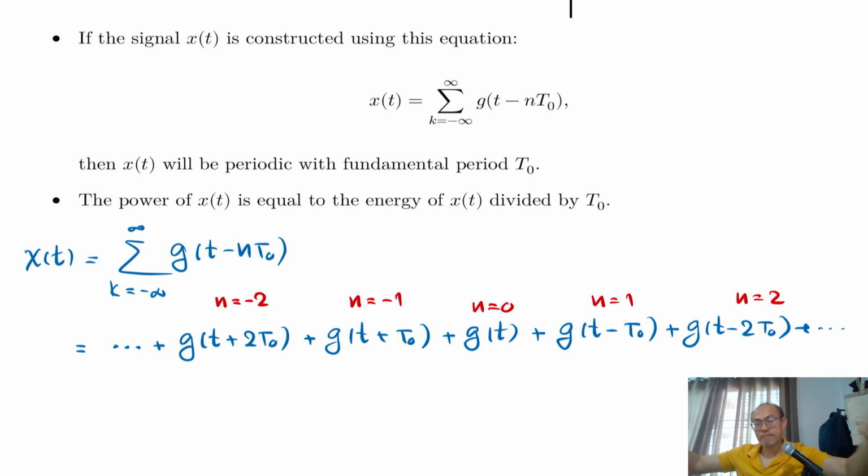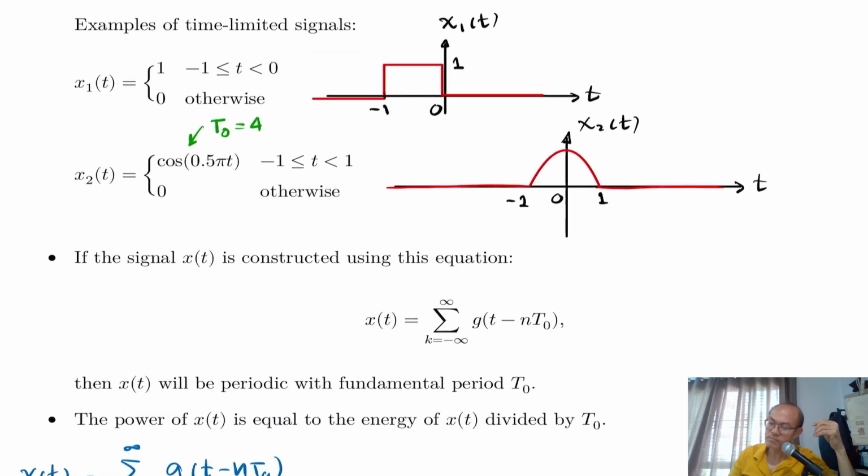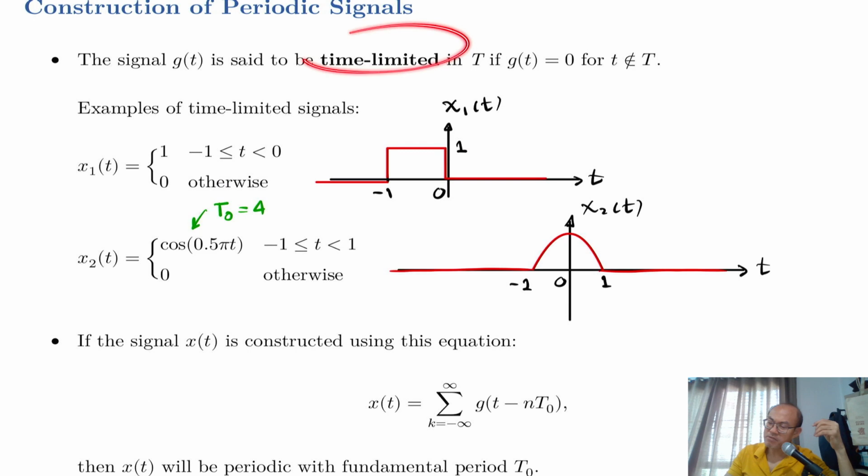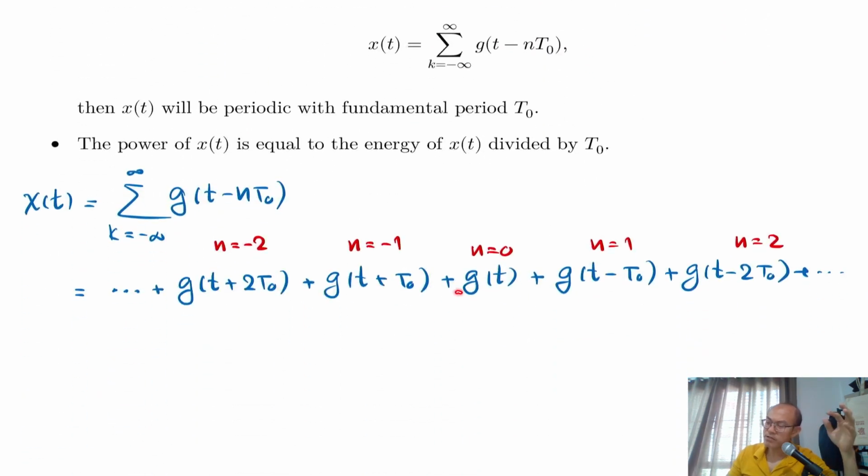And we add them. But because g is time limited, they do not overlap. So when we add them, it's like you put them all together at once on the same axis, and they don't overlap, right?